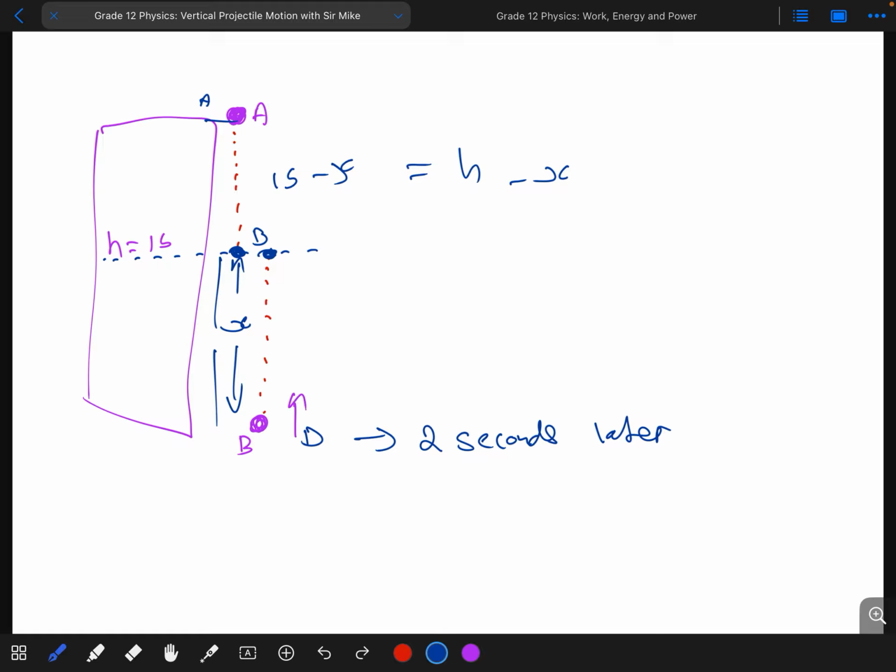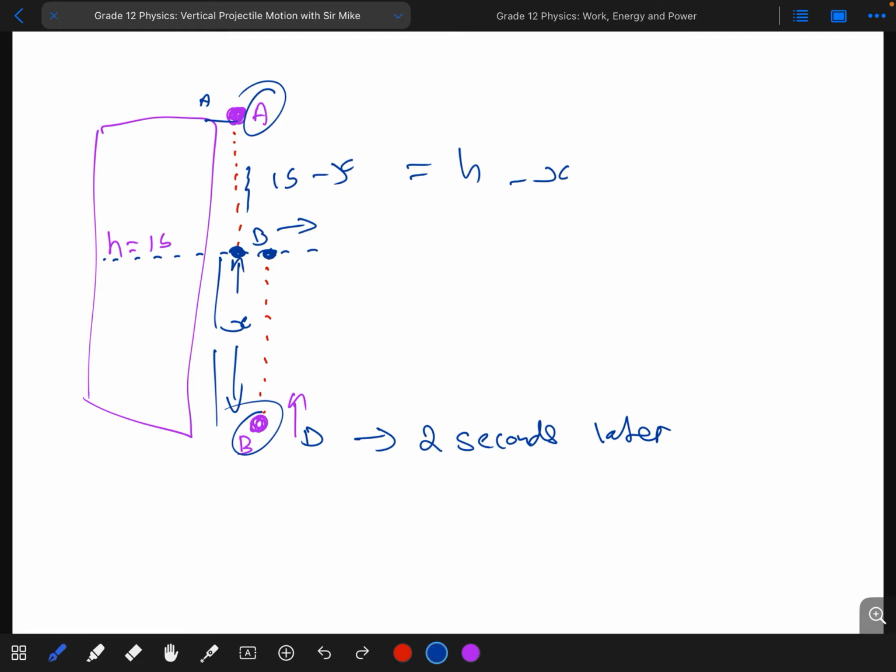That would mean the remaining part would be the height of the building minus X. Now, I don't know how long it took object A to reach that point, which I label as point B, because object A passed this object at that point.